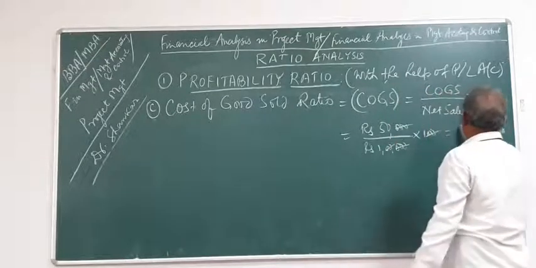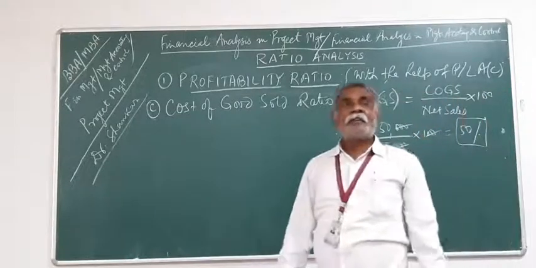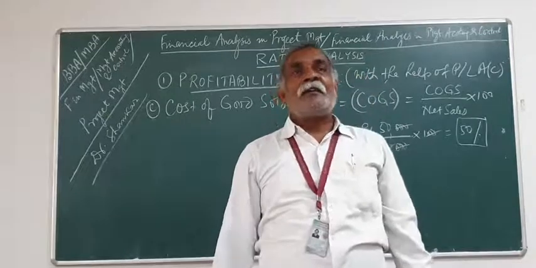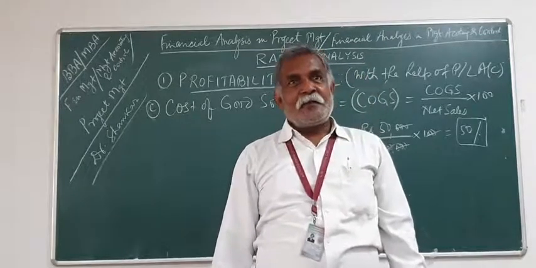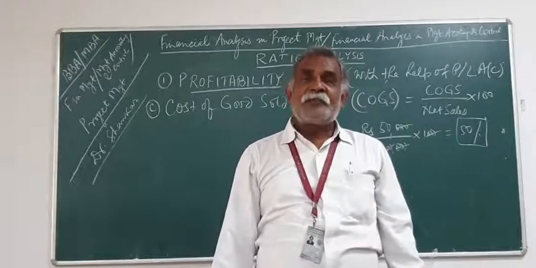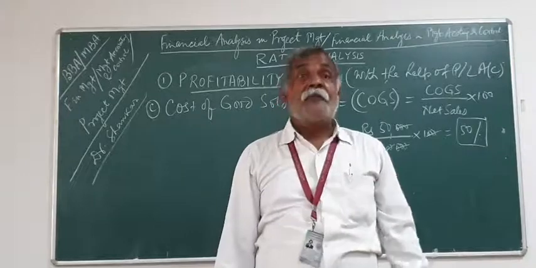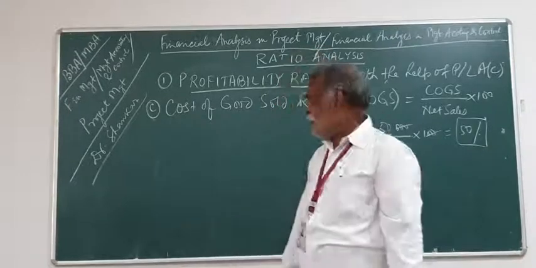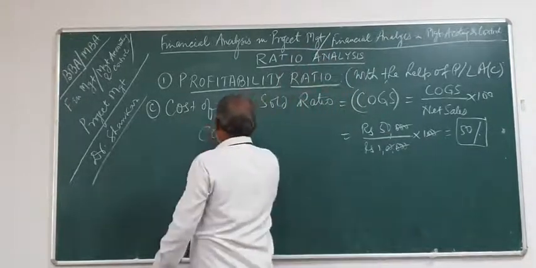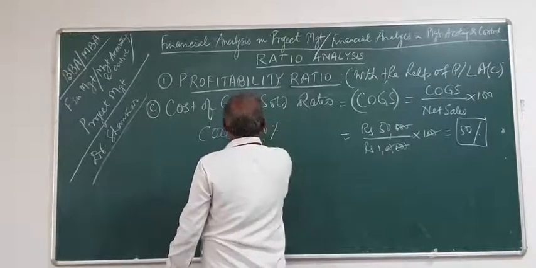This is how much? 50%. Cost of goods sold is 50% of sales. As you know, 10% of 1 lakh is 10,000, 20% is 20,000, 40% is 40,000, 50% is 50,000. Very easy. So cost of goods sold ratio is 50%.